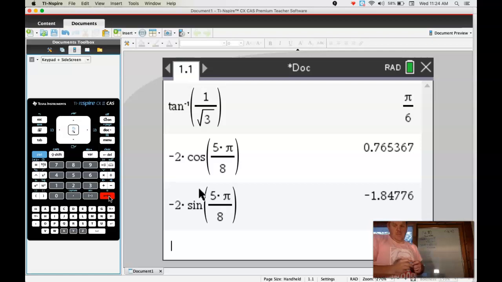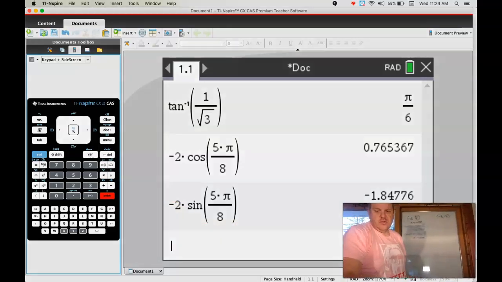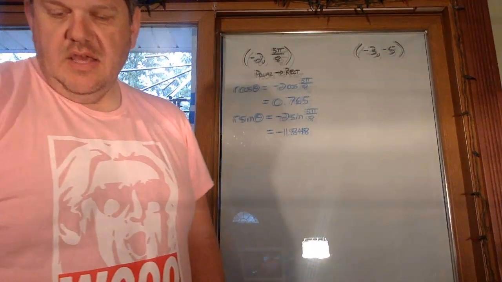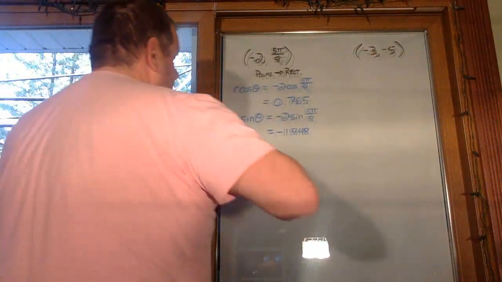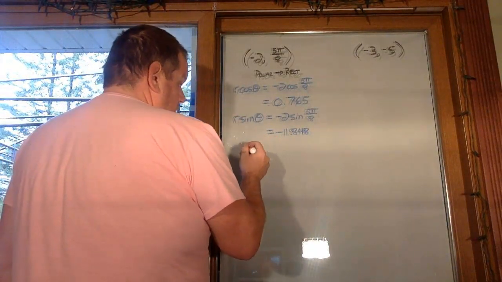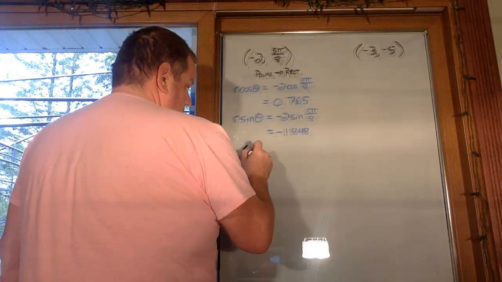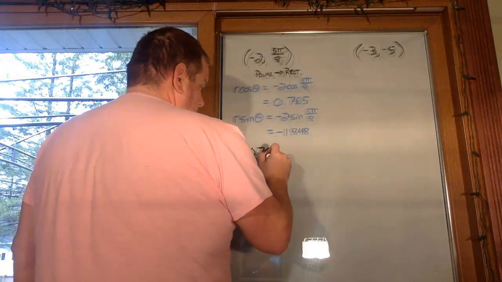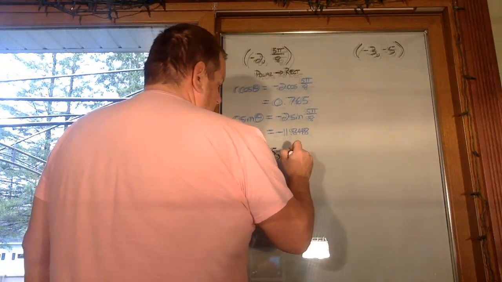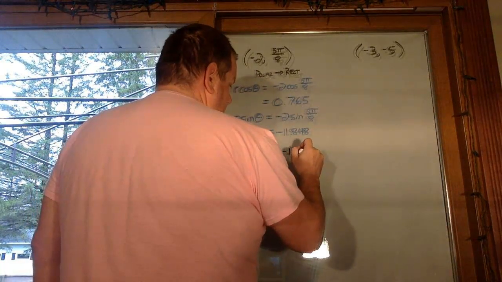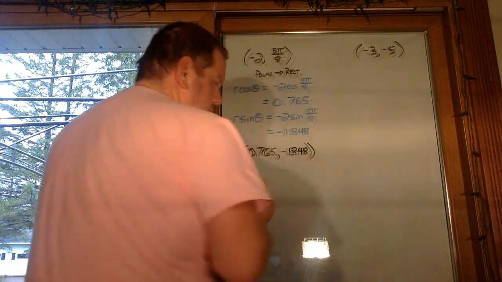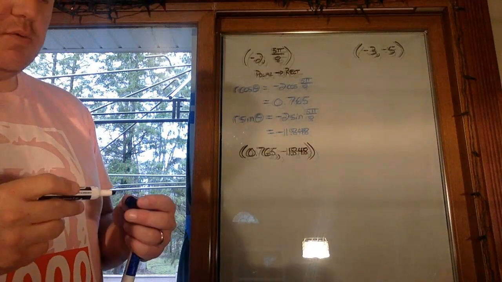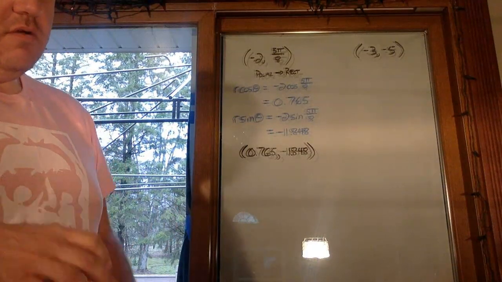Okay. So those two combined give me my rectangular point of 0.765, -1.848 as my rectangular point for that one.